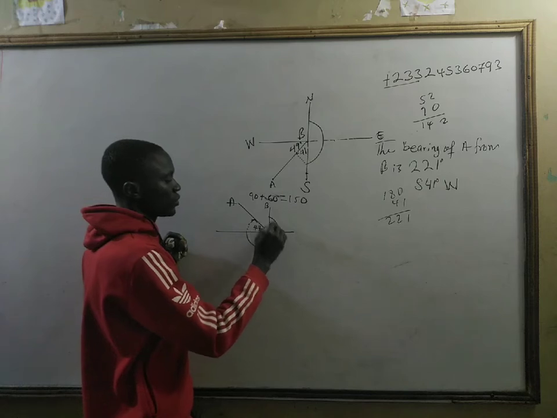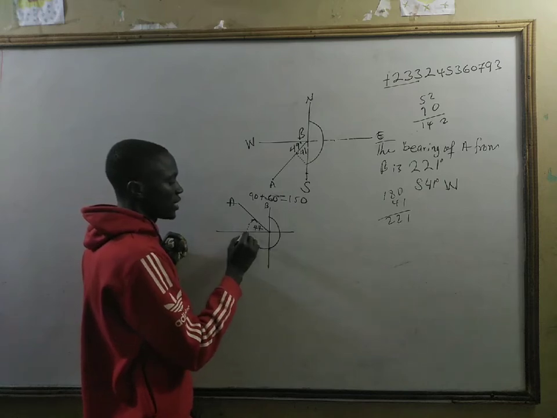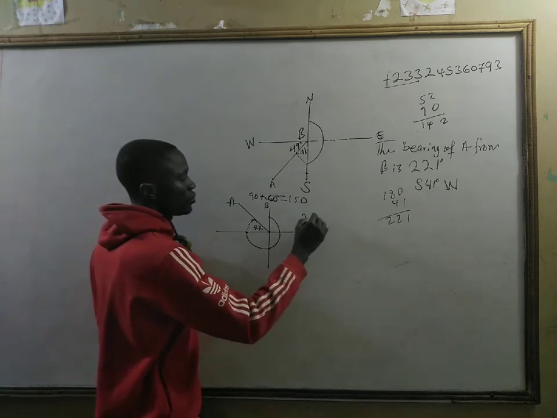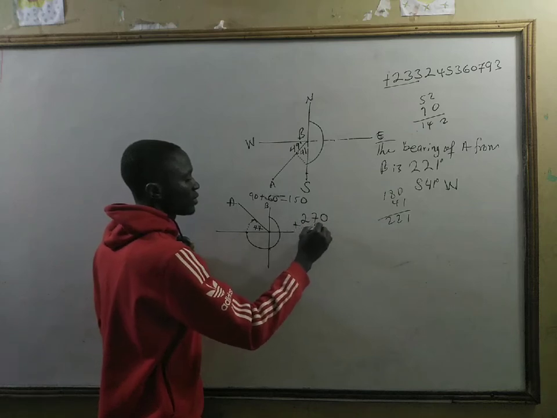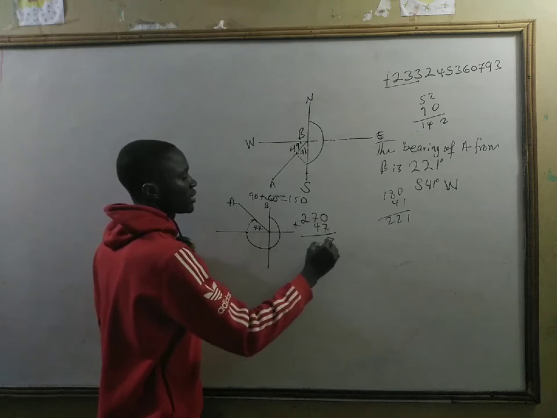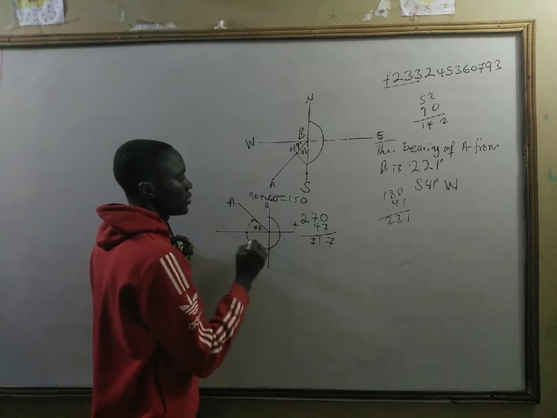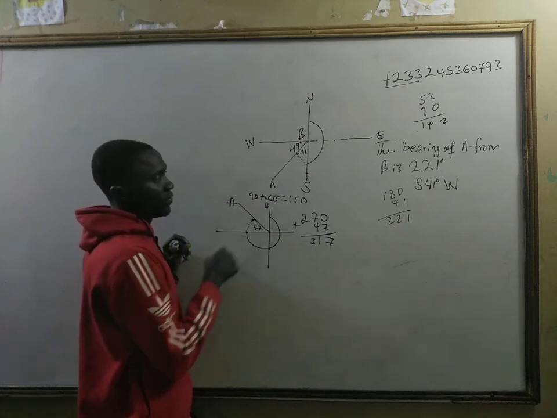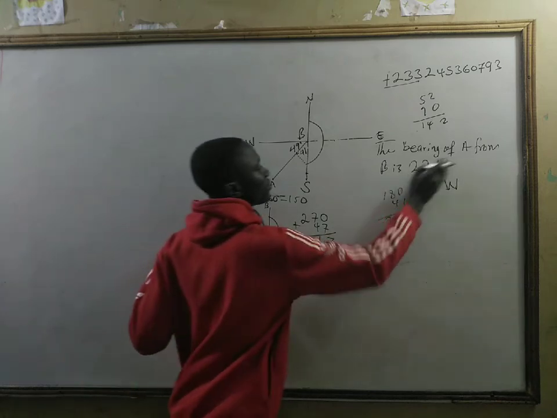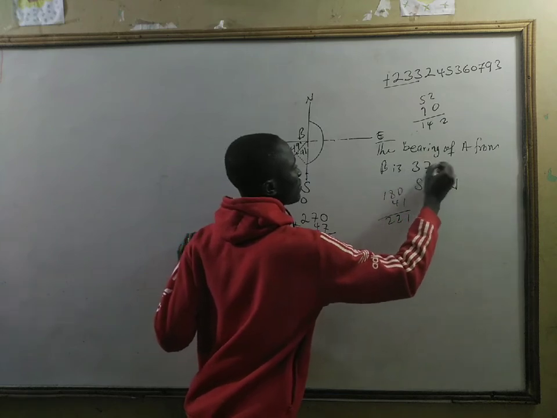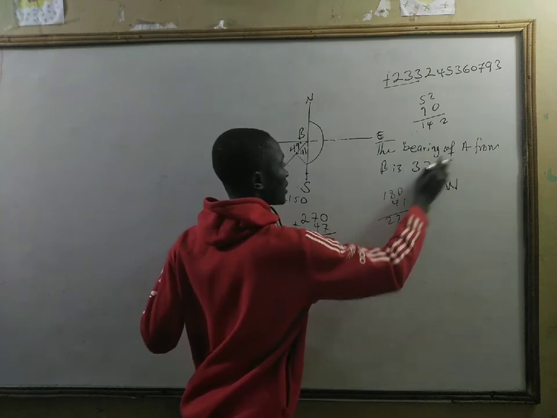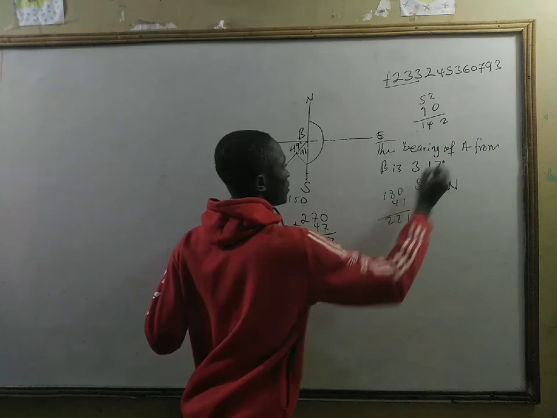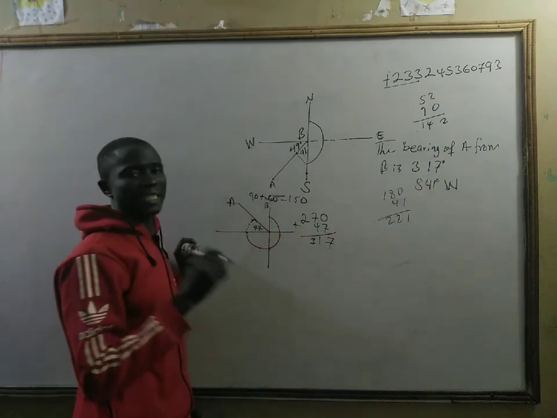So from north to here is 180, to here is 270. So I write 270 plus 47. That will give me 317 degrees.